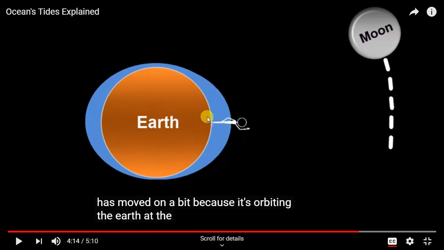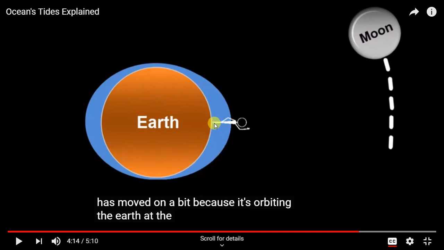The Earth should catch up with the Moon in order to have the high tide. The high tide, where should it be now? It should be here. So pay attention with me. The first day, for example, the high tide was here because the Moon was in line with the Earth. The Earth rotates around itself.